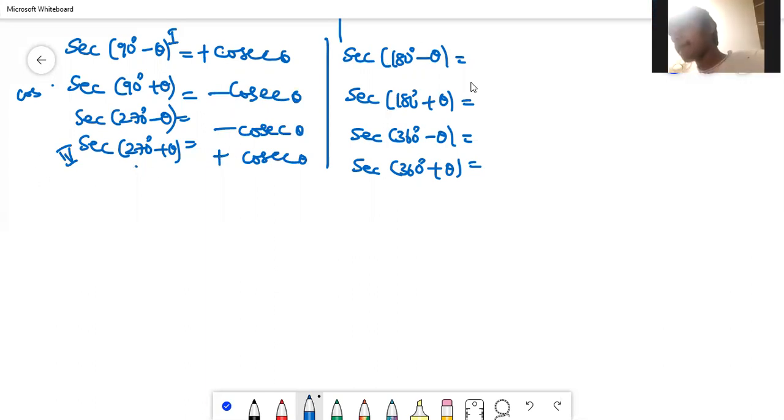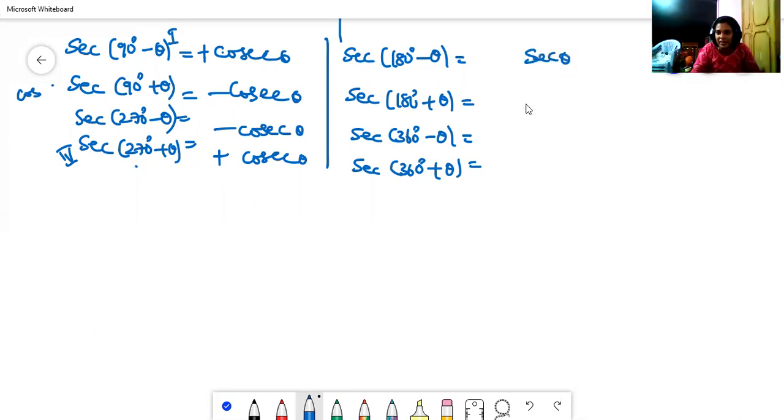For 180, sec theta will come: sec theta, sec theta, sec theta. In the second quadrant, sec is negative. In the third quadrant, sec is negative. In the fourth quadrant, sec is positive. In the first quadrant, sec is positive.